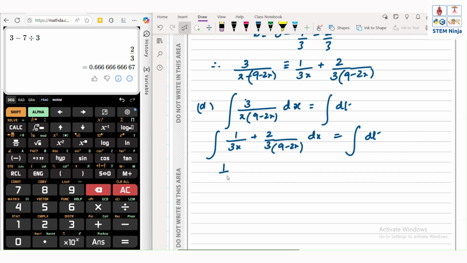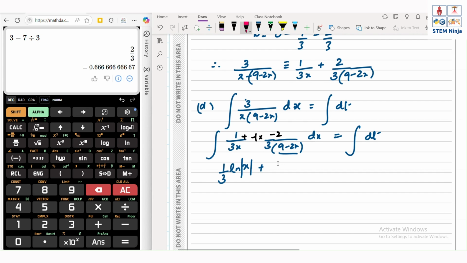So the first one is simply 1/3 of ln x plus, now the derivative of 9 minus 2x is minus 2, not plus 2. So if you multiply by minus 1 over here and multiply a minus outside, you keep the sign.